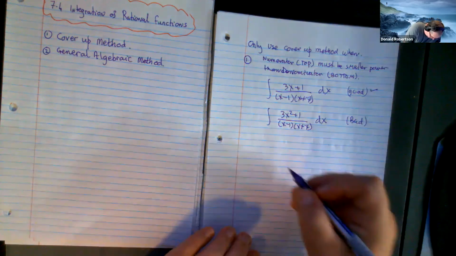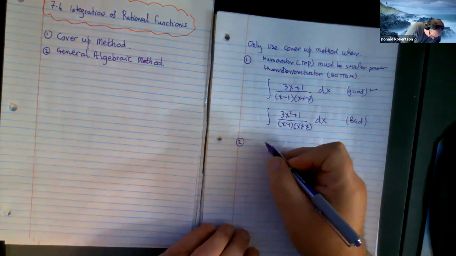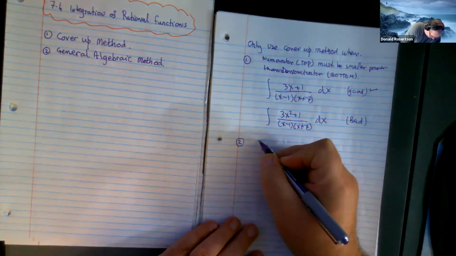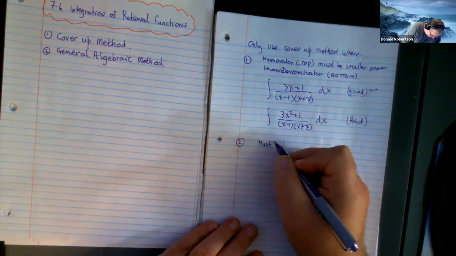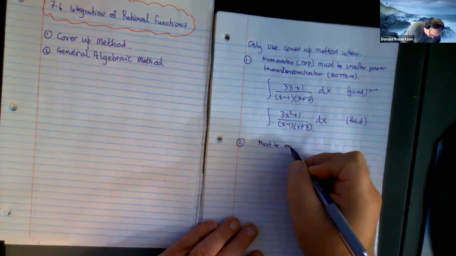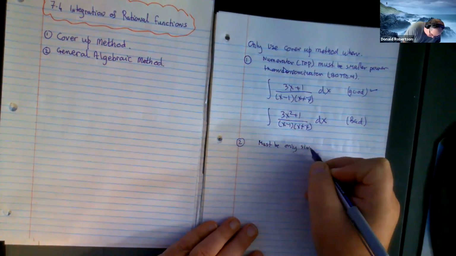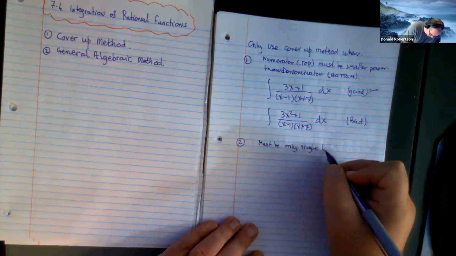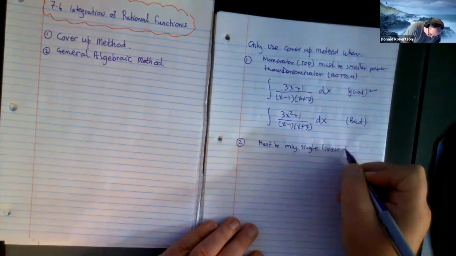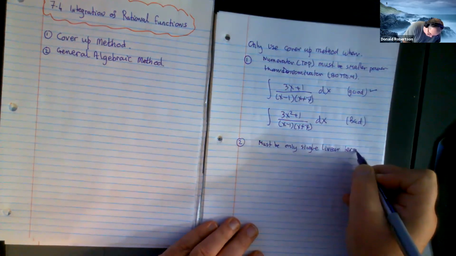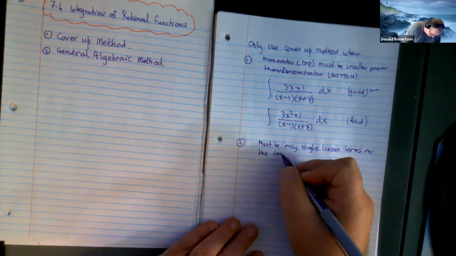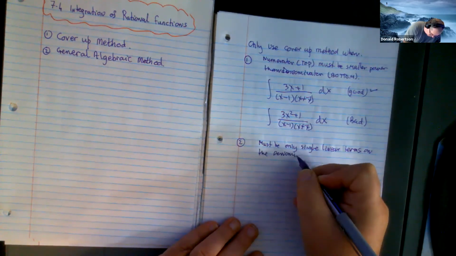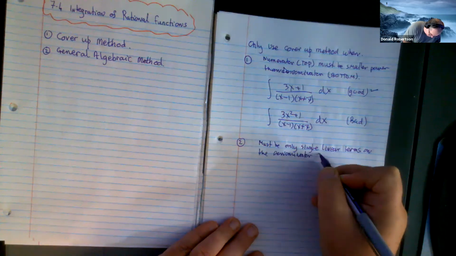And the second term is there must be only single linear terms on the denominator. And that's the bottom.